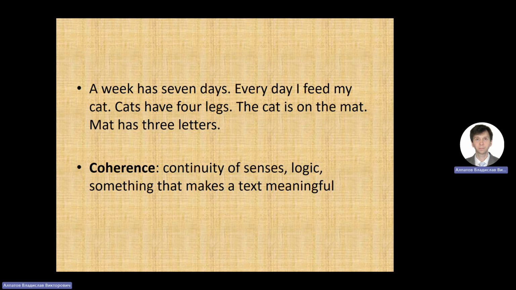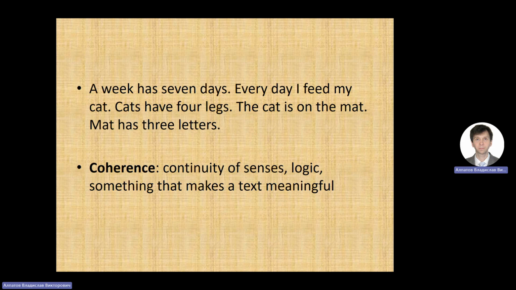Now, look at this text. A week has 7 days. Every day I feed my cat. Cats have 4 legs. The cat is on the mat. Mat has 3 letters. Is it text? On the one hand, it is, because it is cohesive, right?